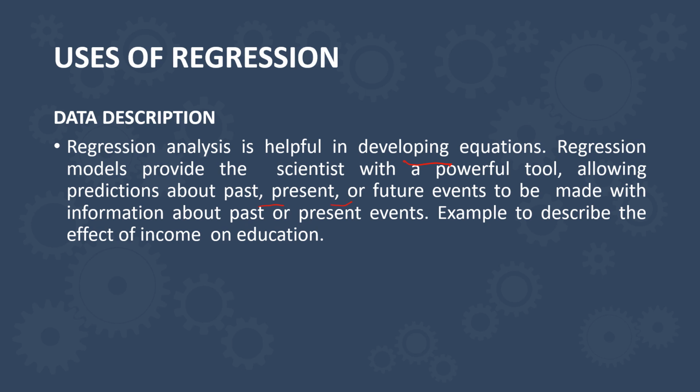So for example, we can use regression to study how income can affect education. By analyzing data on income and education levels, we can predict how changes in income, increase or decrease, might influence educational achievements. So this can help us understand trends and make better decisions in areas like policy and planning. So in short, regression is a powerful tool for turning data into meaningful insights.